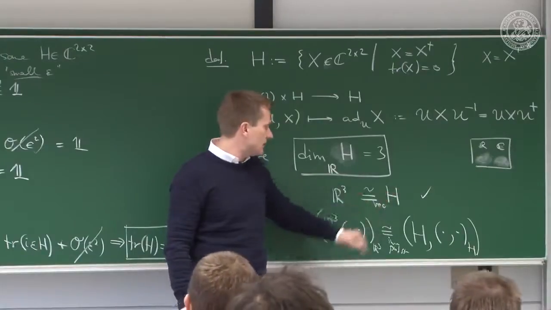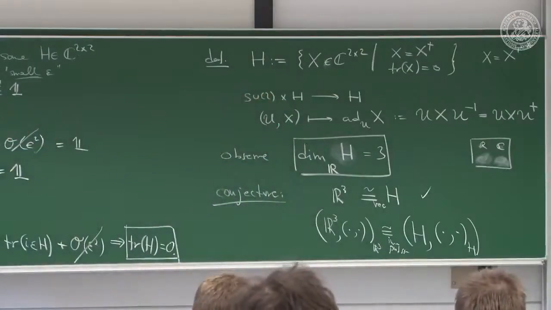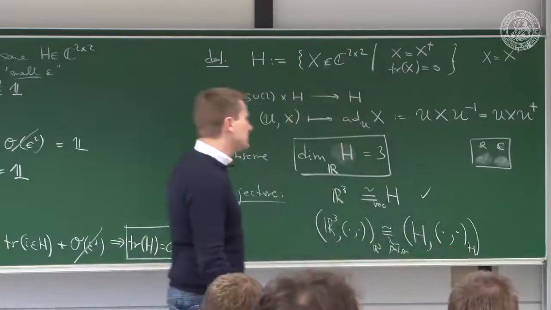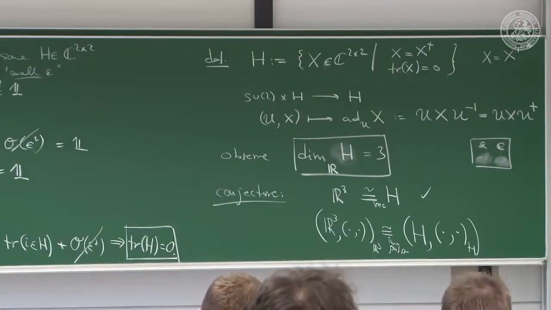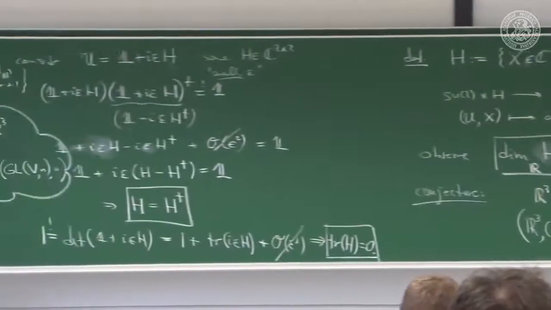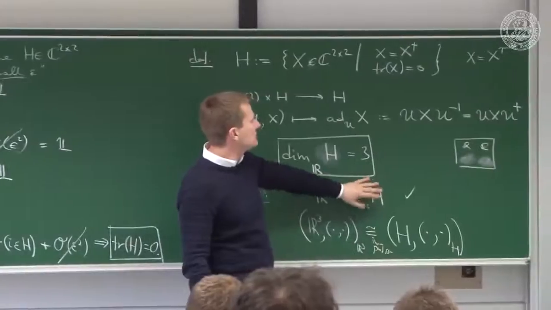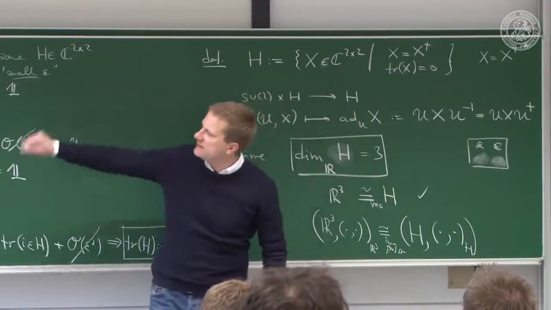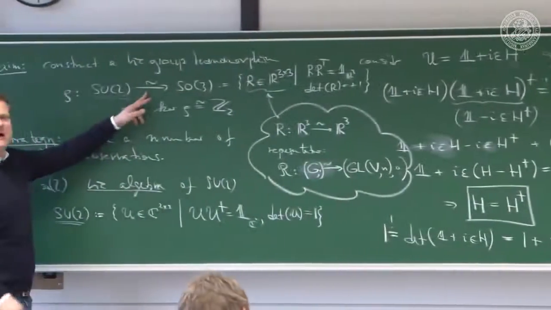We know there is one, but the claim is that with respect to such a map, with the standard inner product here and an inner product to be defined there, they're isomorphic as inner product spaces. Again, we want to construct this Lie group homomorphism, but the first thing we do is construct an isomorphism of representation spaces for the various Lie groups, and that will become useful in defining the Lie group homomorphism we're actually after.